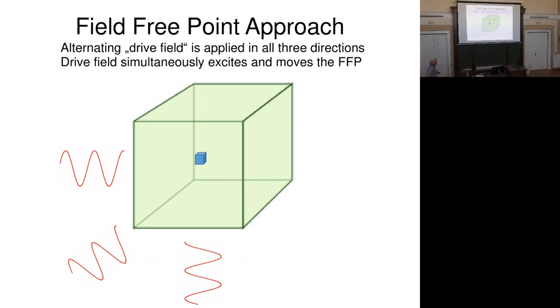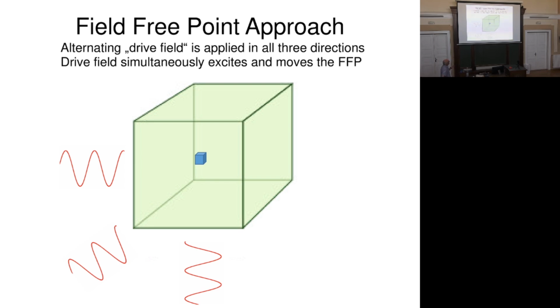Now, how is it related to the field of view? We apply the drive field in all three directions, and the amplitude, together with the gradient field, defines the field of view.